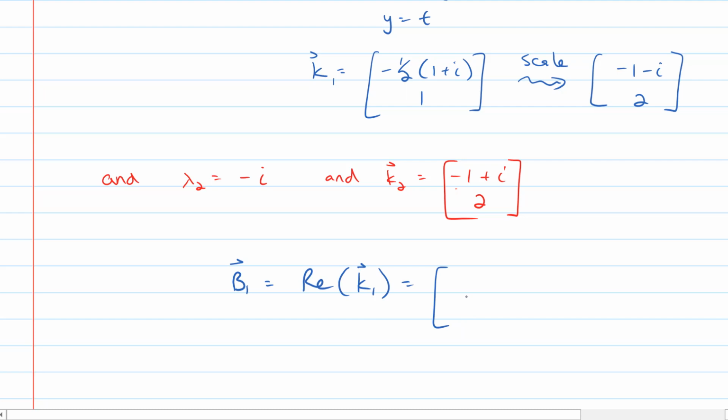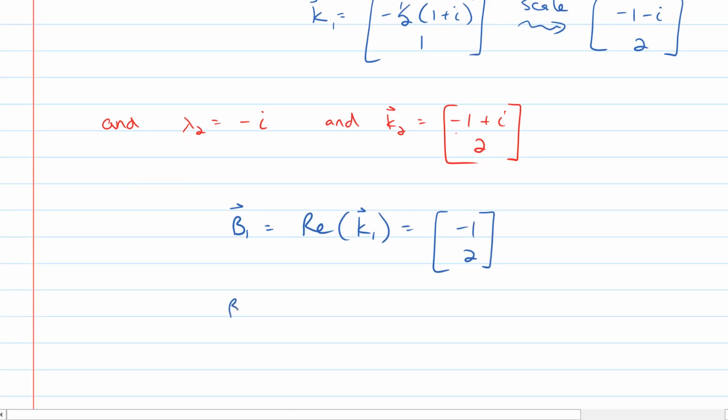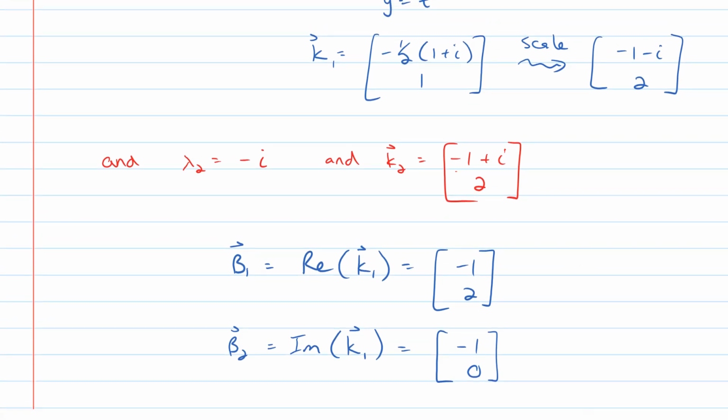It's going to be -1, 2, like that. b2 is going to be the imaginary part of vector k1, and it's going to be -1 and 0. If you look up here, here's k1, so the real part is the -1 and 2, and the imaginary part is just the -1 on the top row, and there's nothing on the bottom.